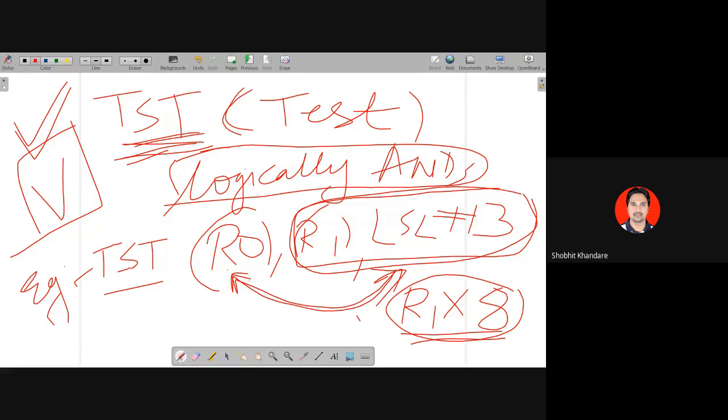तो हम TST एक्चुअली यूज कहाँ पे कर रहे हैं उसके लिए प्लीज राइट डाउन. Please write down. You can use TST to determine if many bits of a register are all clear, or if at least one bit of a register is set.